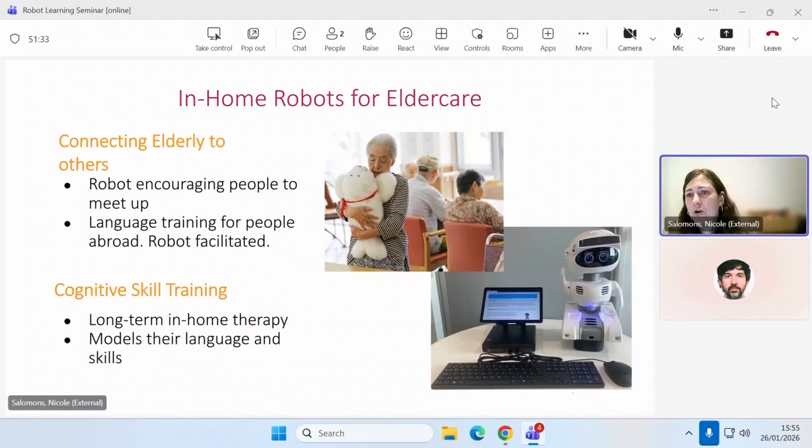And this is our current work where I have a PhD student, I actually have two PhD students that are looking at older adults. So I have one student who is looking at, can we use social robots to connect older adults to other older adults? And in this case, we are really interested in modeling the social behaviors or social relationships in a care home.